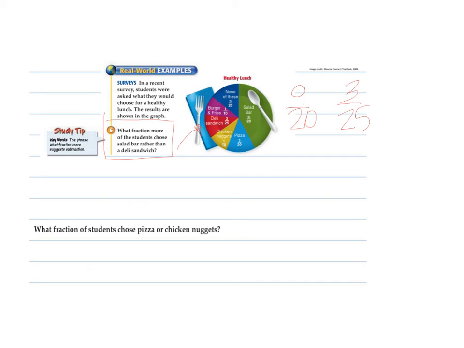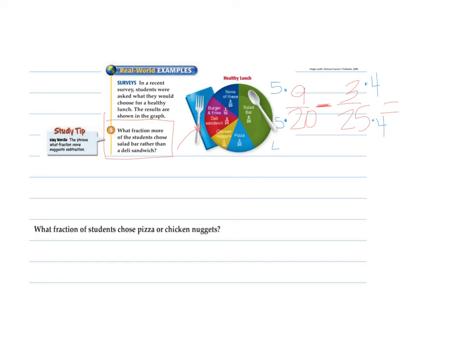And it says what fraction more of the students, so that means how many more, so I'm going to take the difference. So 20 and 25 can both go into 100, so I'm going to change it to hundreds. So that's when I have to ask myself, what do I do to each fraction to get to 100? 20 times 5, so I do the same to the top. 25 times 4, do the same to the top.